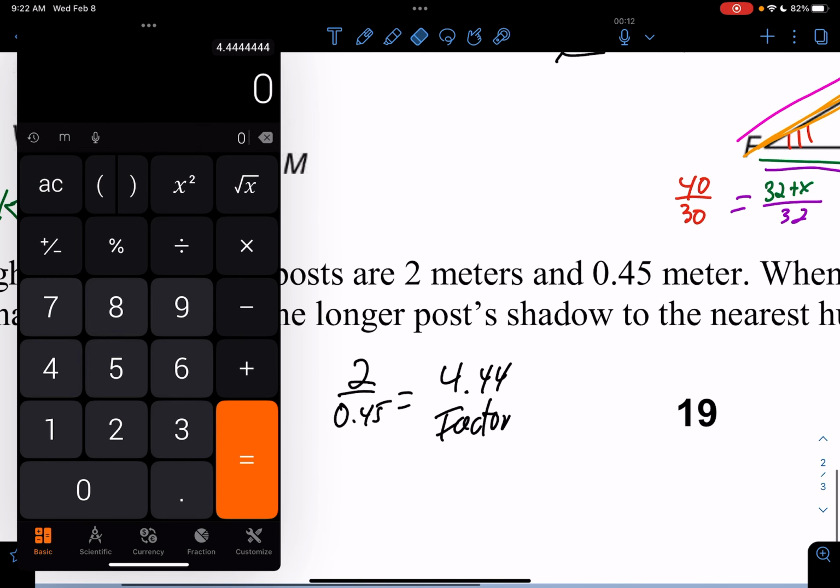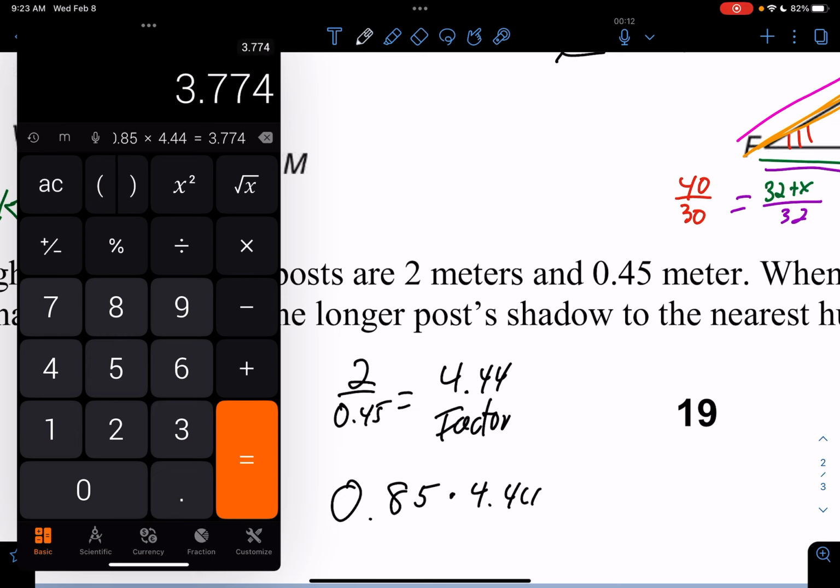So I'm going to take 0.85 times the factor 4.44. That equals 3.774 meters. That is going to be the long shadow.